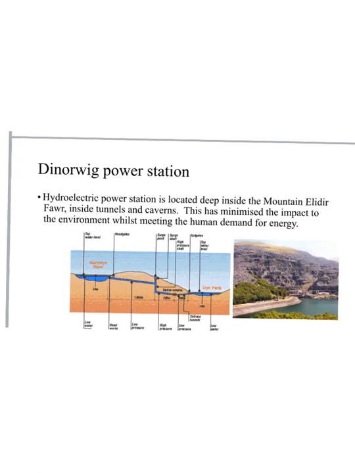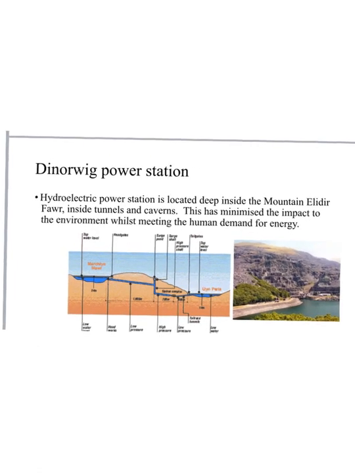And a way it's done this is it's built a hydroelectric power station inside the mountain, in tunnels and caverns, which has minimised the impact on the environment whilst meeting the human demand for energy. And again, it's a sustainable way. You can't see it. It's not an eyesore.